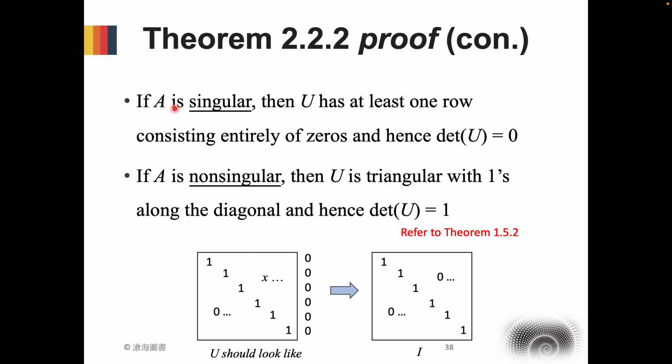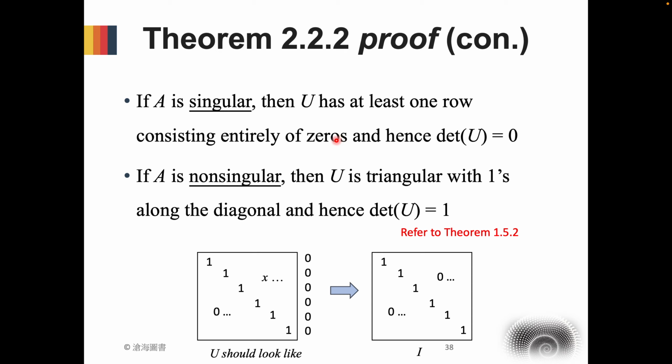Then if A is singular, then U has at least one row consisting entirely of zeros. That means if A is singular and we reduce A into the reduced row echelon form, then the matrix U would have at least one row consisting entirely of zeros.